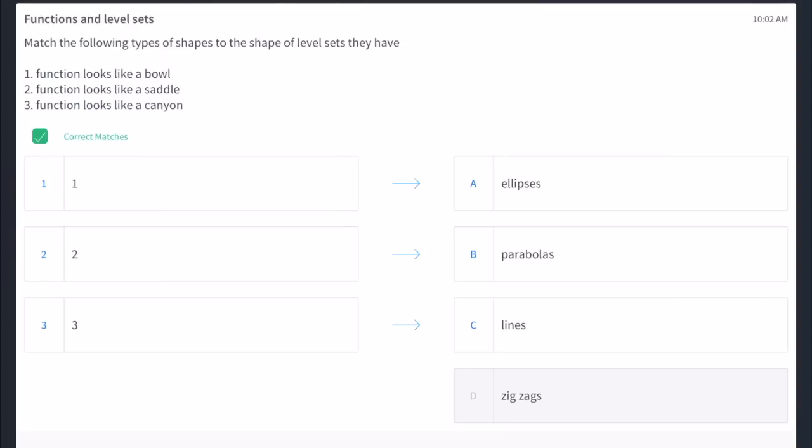But if you have other weights in front of the x squared and y squared terms, you'll get ellipses of various sizes. Now for the saddle-like shape, you had one degenerate level set that was a cross, but all of the other ones were parabolas, things like 1 minus y squared. And then finally, we had functions that looked like a canyon. You would get lines.